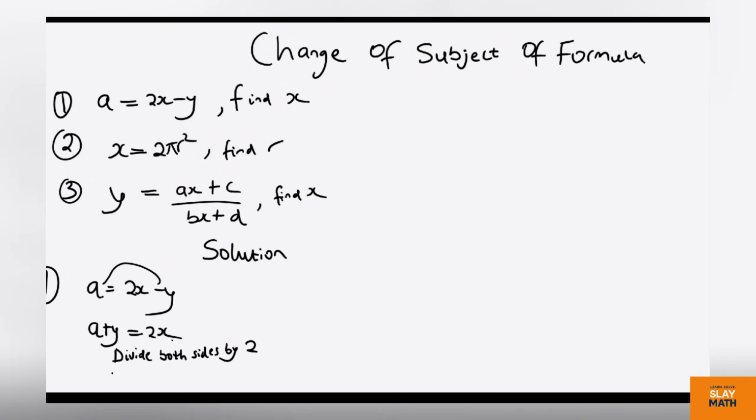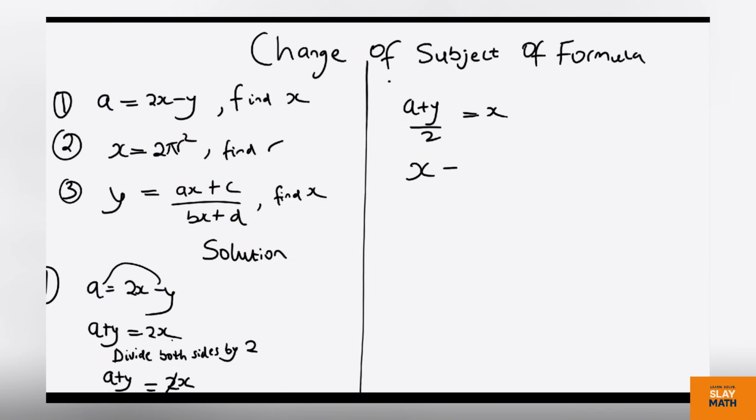So we have A plus y over 2 equals 2x over 2. 2 will cancel out 2, and we have A plus y over 2 equal to x, and we have our answer, which is x is equal to A plus y over 2. That is our answer for this question.